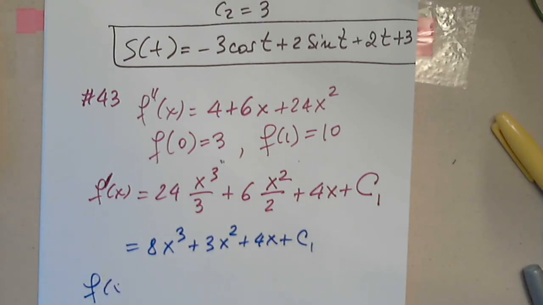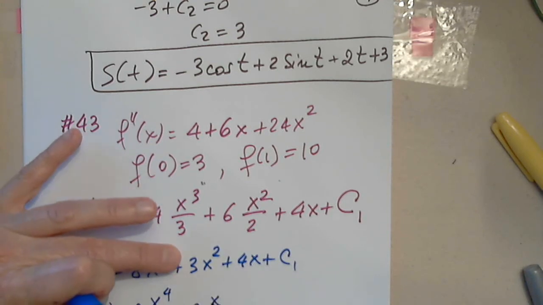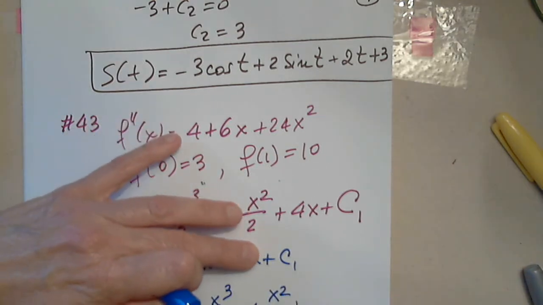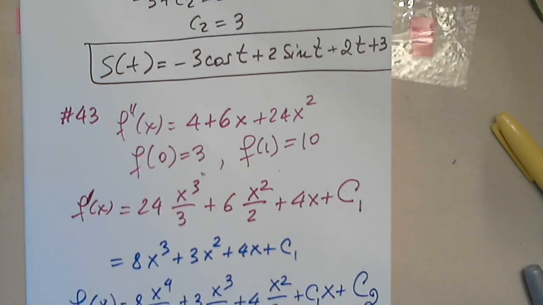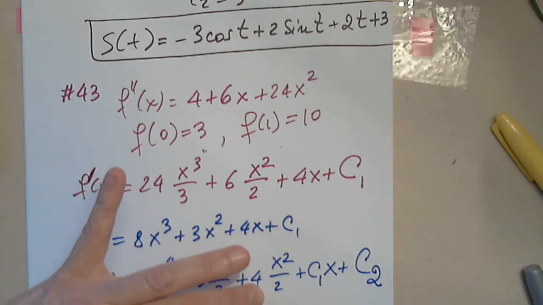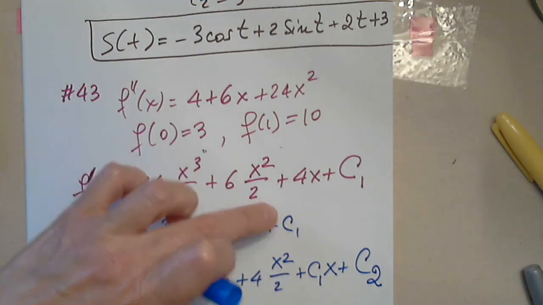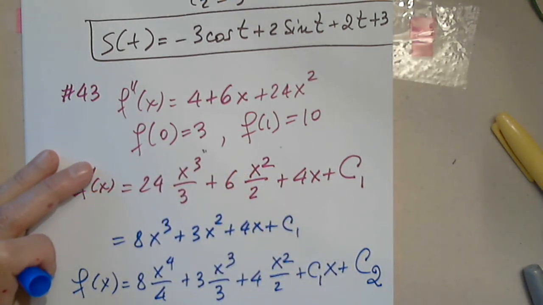So f of x, 8x to the fourth over 4 plus 3x to the third over 3 plus 4x squared over 2, careful now, plus c1x plus c2. The derivative of this is this, the derivative of this is this, the derivative of this is this, the derivative of this is this, the derivative of this is 0. I will clean it up as 2x to the fourth plus x to the third plus 2x squared plus c1x and plus c2.